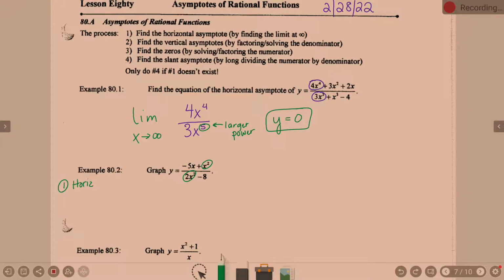So since it's x squared on top, 2x squared on bottom, so that is 1x squared over 2x squared. Yes, you do end up with a horizontal asymptote of y equals 1/2. Not too traditional here, is it? Normally a lot of times we have y equals 0, but this one, the powers match.